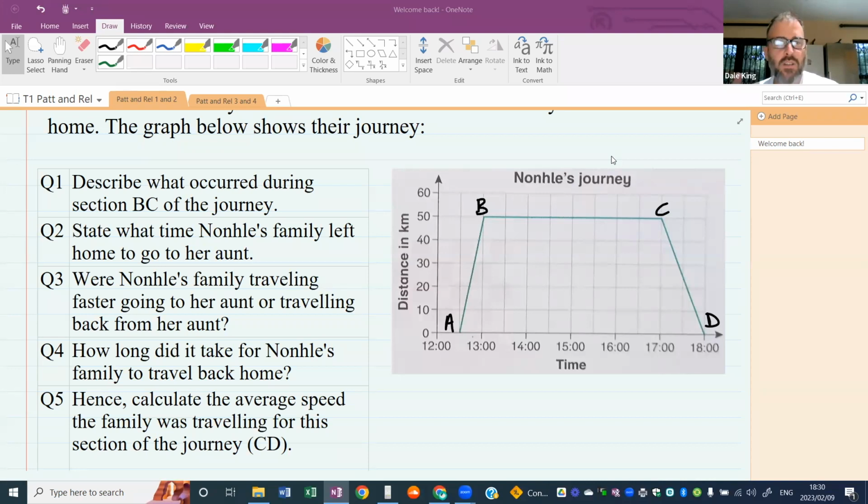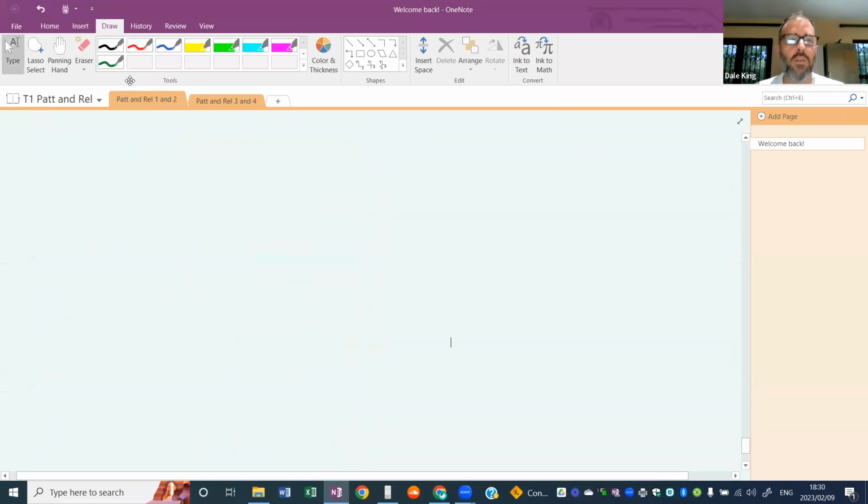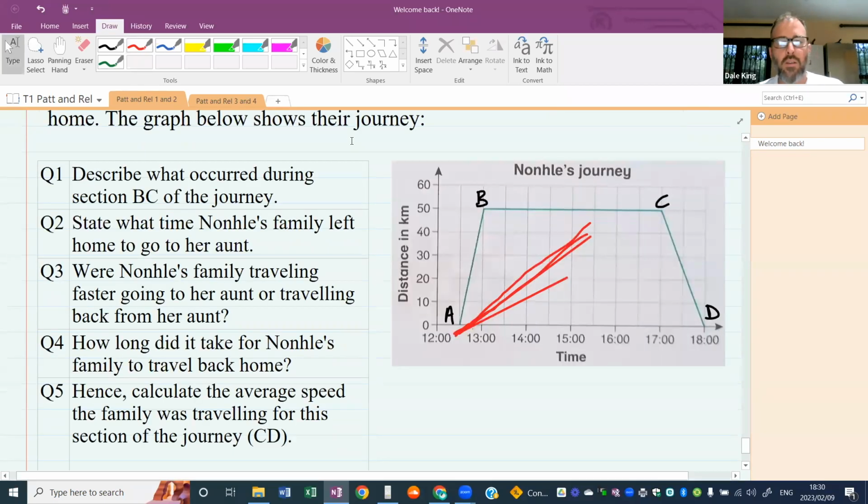So the steepness of the line in this graph relates to speed. The steeper the line, the faster they are going. So if I draw another line on the graph like this, let's say we have this line here.